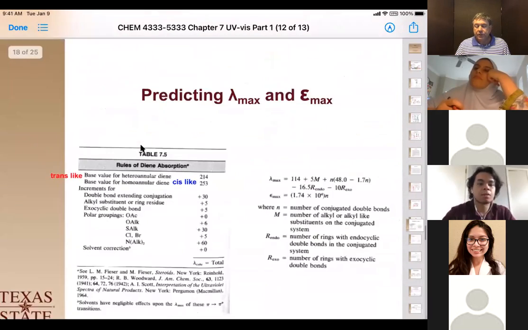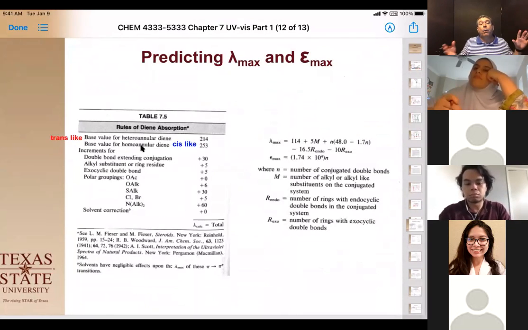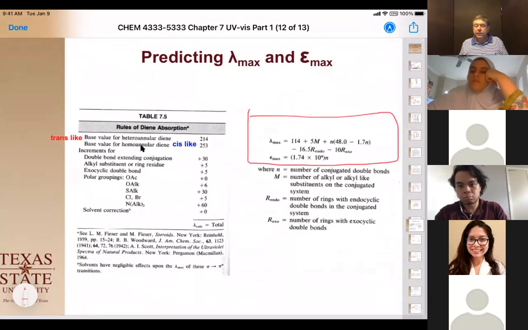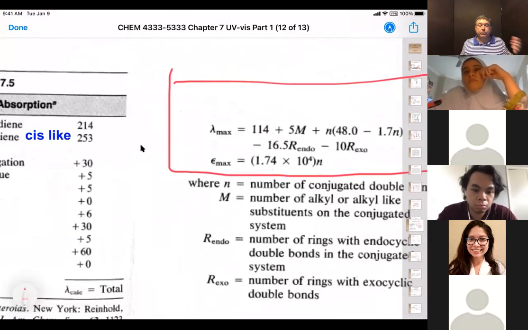All right. So the cool thing is that there have been some rules laid out where we can actually calculate or predict the lambda max and the extinction coefficient based on what we have. Okay. So there are two different ways to do it. Most of the time you just start with this equation here. In this equation, if you don't have a ring, you can start with a base value of 114 nanometers.